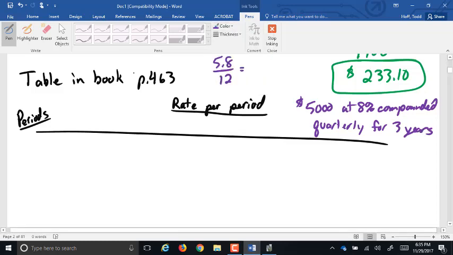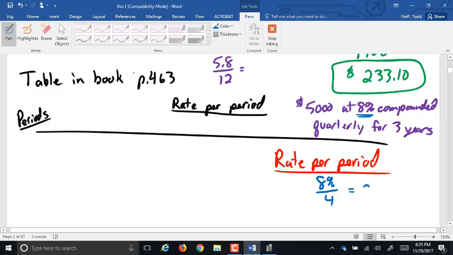Our rate per period for that one was found by taking the percent, 8%, divided by how many periods in a year? 4, because it is compounded quarterly. That gives us 2%, which means we would be looking for 2% up on the top of that table.